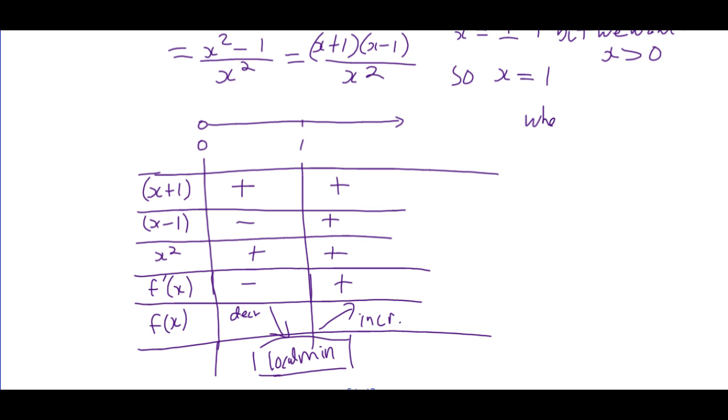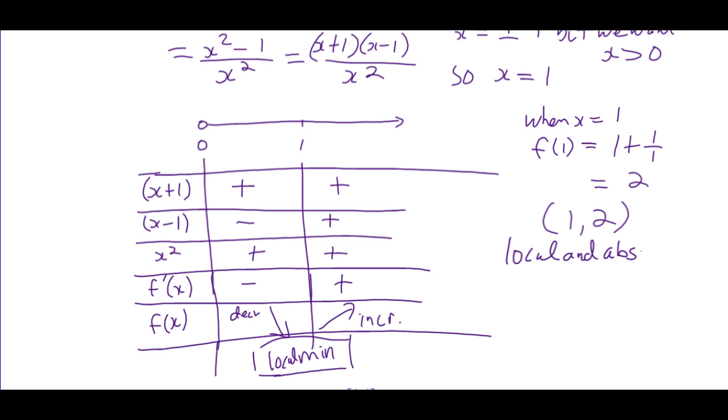When x equals 1, f of 1 is 1 plus 1 over 1, which is 2. So we have a local min. It also has to be the absolute min, because as we're coming from here, we're going down, we're hitting here, and then it's up. So local and absolute minimum at (1, 2).